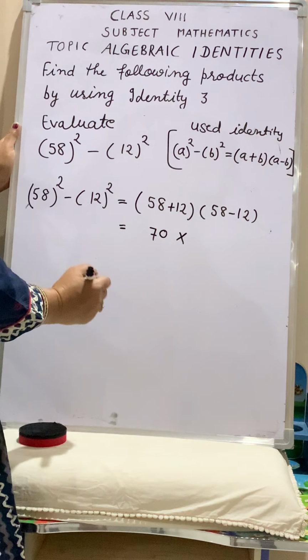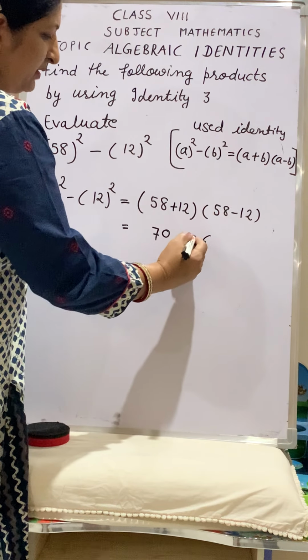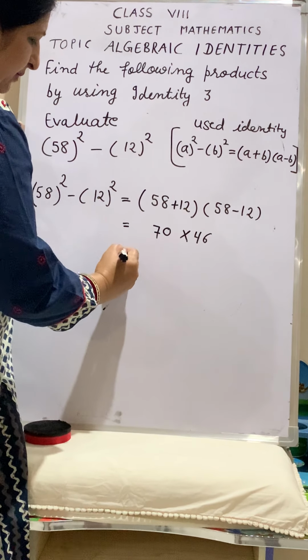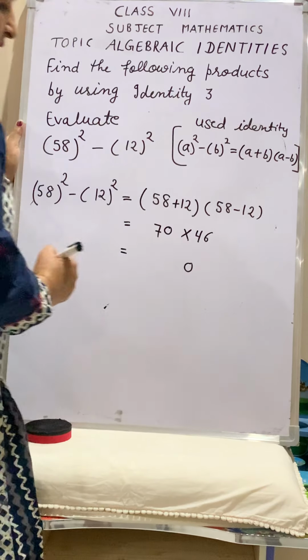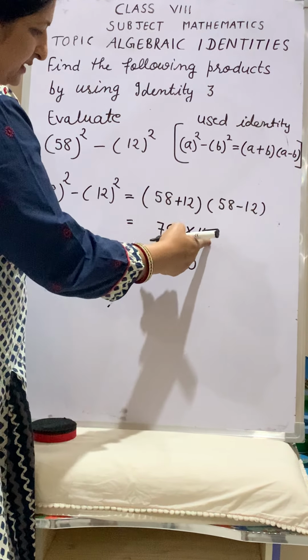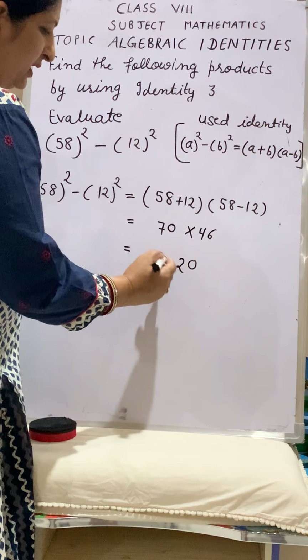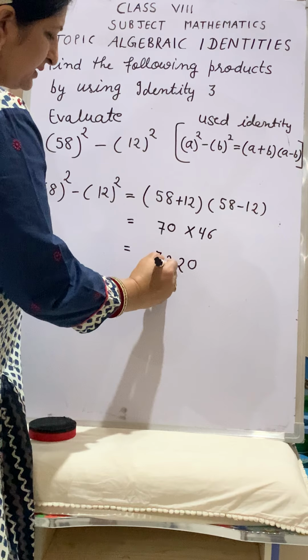Multiply with 8 minus 2 is 6 and 5 minus 1 is 4. Now we will multiply 1 0. We will multiply 46 with 7. 7 6s are 42. 7 4s are 28 and 4, 32. It is the answer.